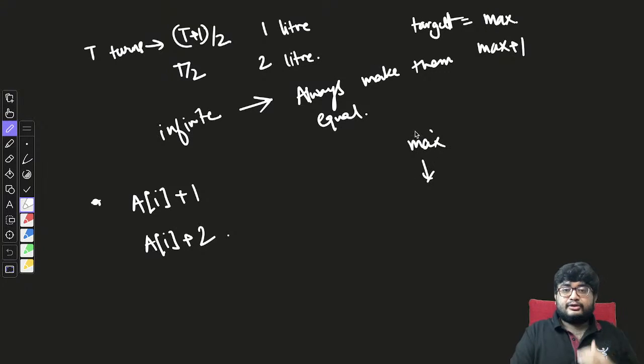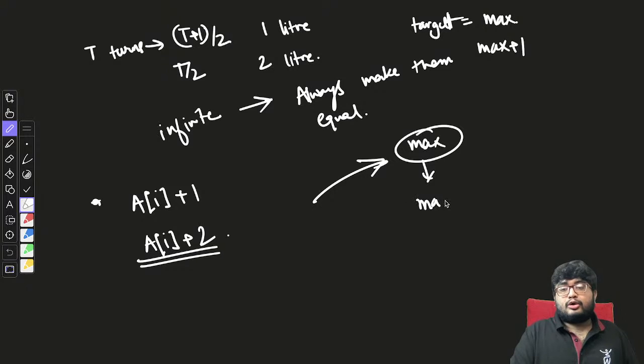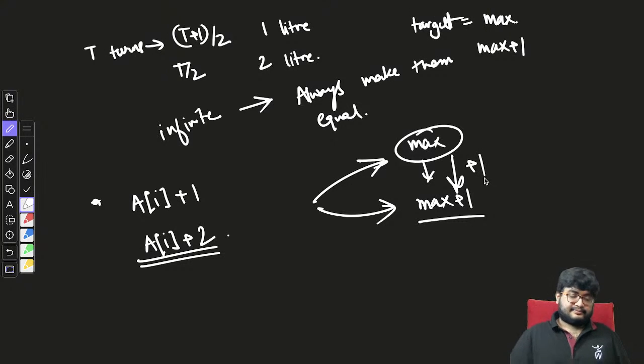So you can try to bring all of them to max, but as there are plus 2 moves as well, it might happen that it's better to go to max plus 1 instead of max. So you will bring all of them to max plus 1 and you will just take one move to move max to max plus 1, right?